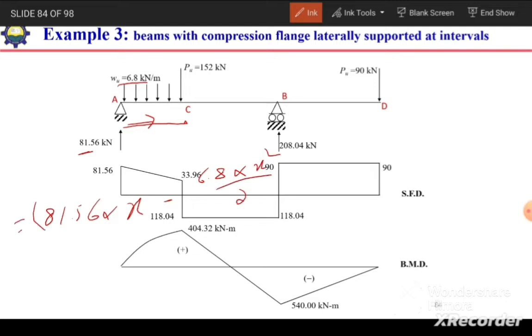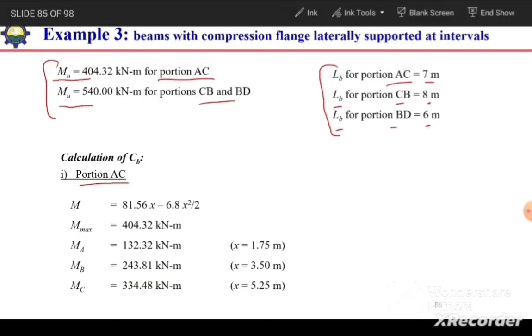Using this expression we can calculate the bending moment at any point inside segment AC. We need the moment at the 1/4 point, at the center, and at the 3/4 point, and we also need the maximum value, which will be at point C. These values are calculated here.